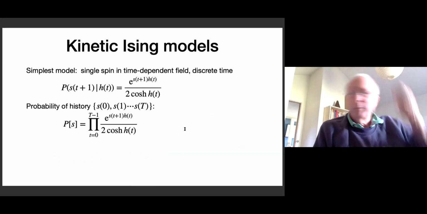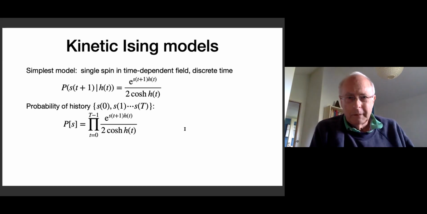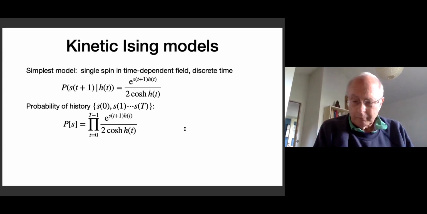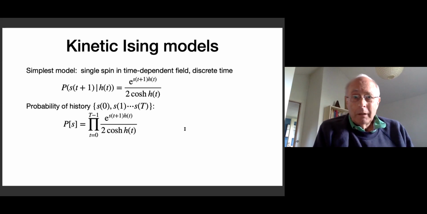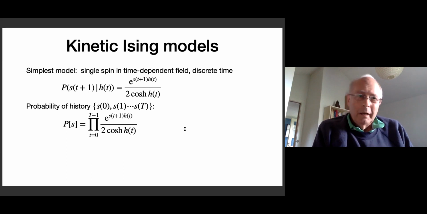Okay, so much for equilibrium statistical mechanics, but we want to do something with dynamics in it, because we're interested in making dynamical generative models. So again, we're going to start with a single spin in a field, and it's going to evolve in time.